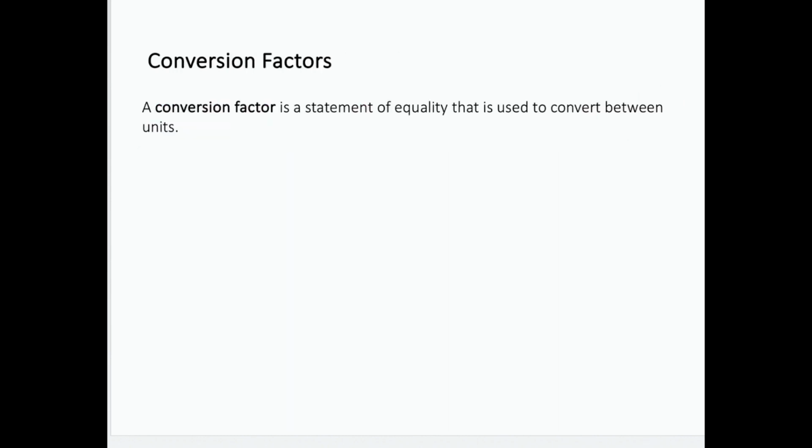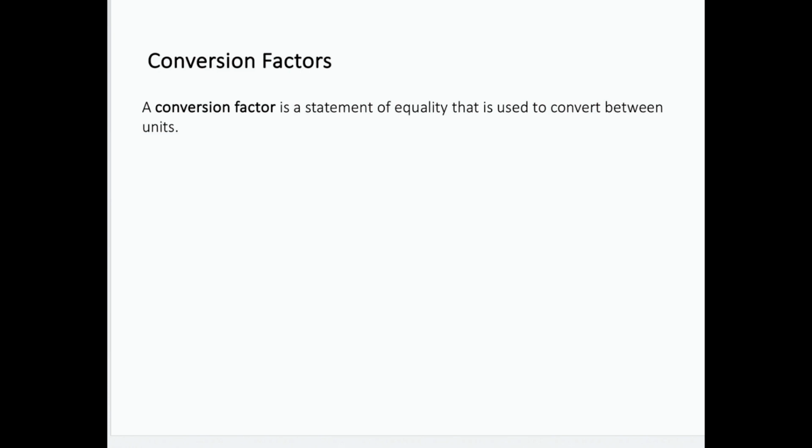All right, so now we're going to get into specifics about conversion factors. A conversion factor is when you have some kind of equality that relates one unit to another unit, but they're equal.